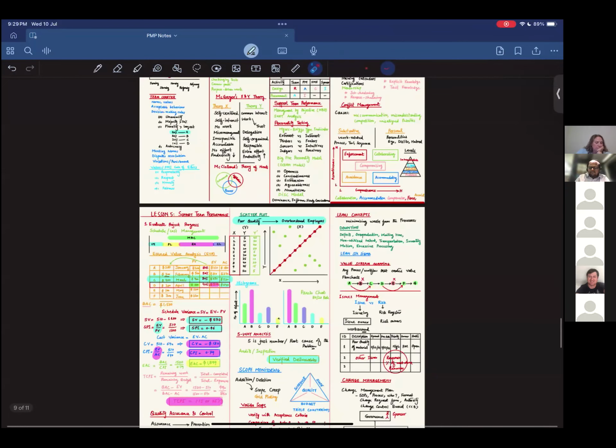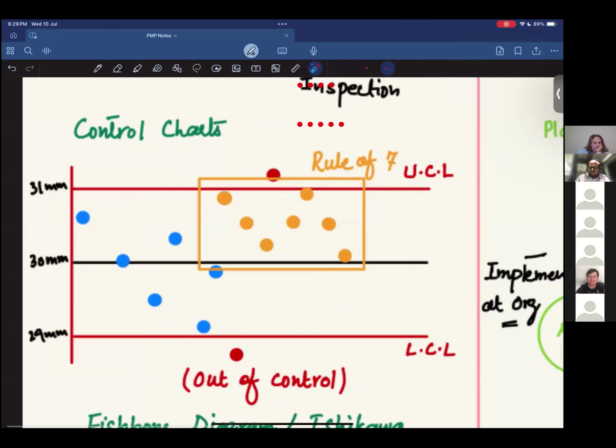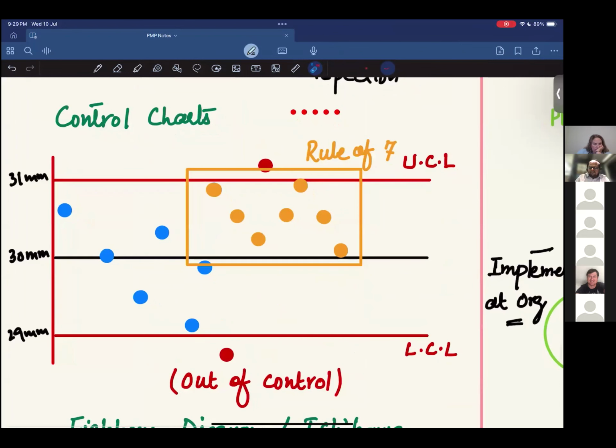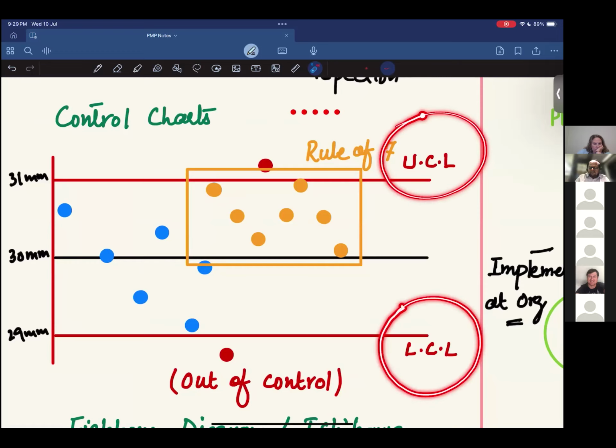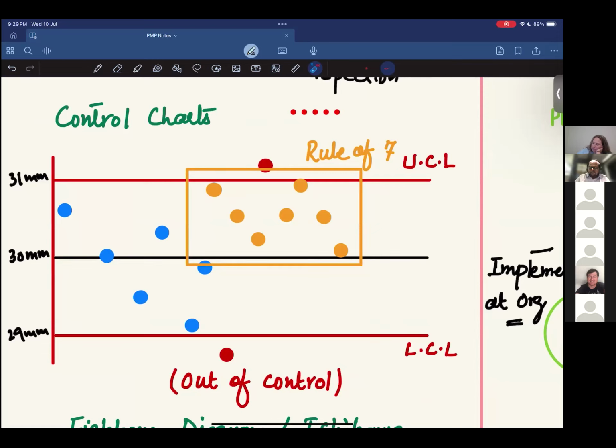Okay, yes. So this is a control chart, right? A control chart has an upper control limit and a lower control limit. We take samples and plot those samples. For example, if the mean value of something should be 30 millimeter, we take a sample, measure it, and plot it here.